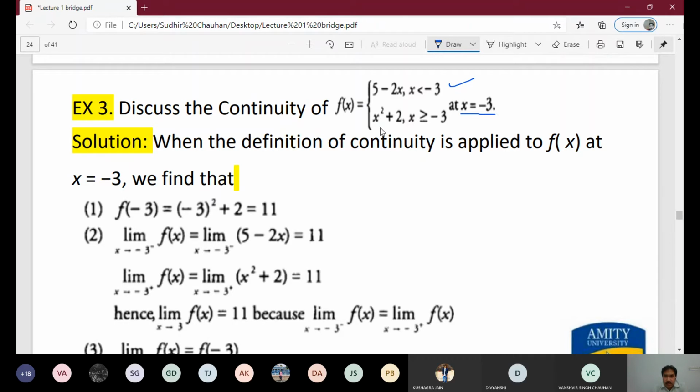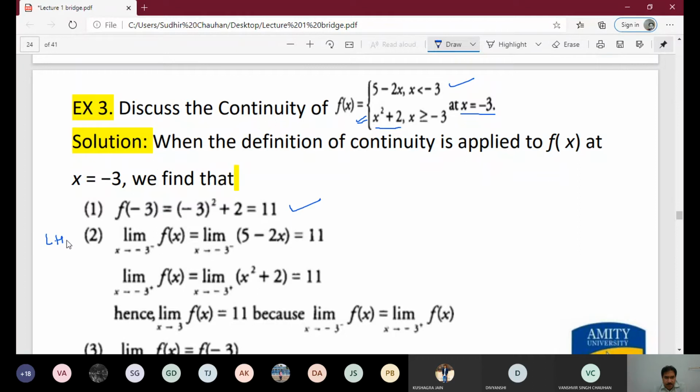So at x is equal to minus 3, the function is defined as x square plus 2. So we put x is equal to minus 3 in this function, x square plus 2, which is defined for x is equal to minus 3, and now its value is equal to 11. Now we can check both the limits, that is the left hand limit and right hand limit.